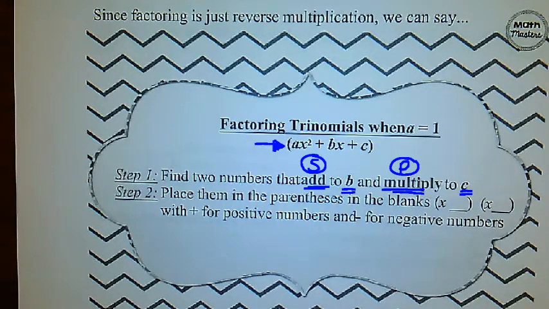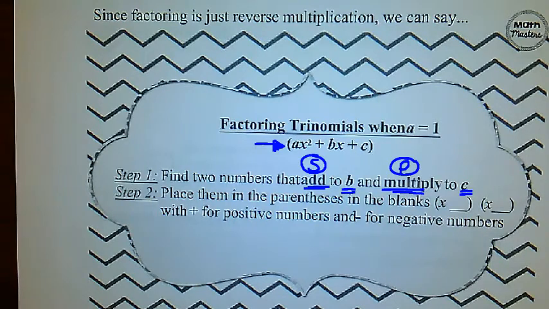So place them in parentheses in the blanks. Think of yesterday when we pulled out the GCF, whatever was left over goes in parentheses. I told you that for all of these, when you are factoring, you should always have parentheses in your answer.